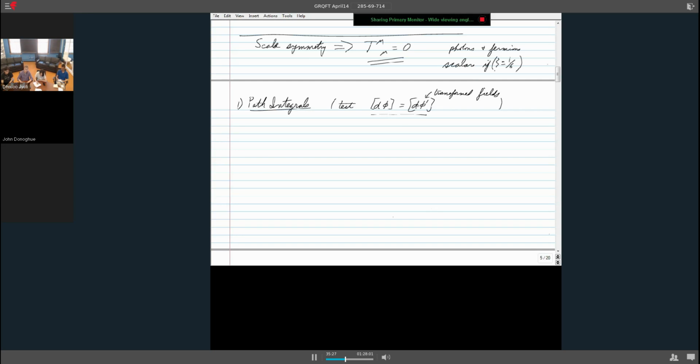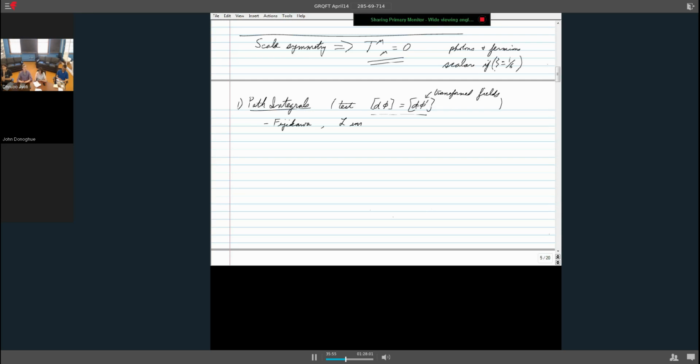I'm going to go through it for this case, but the test involved: does the integral over phi equal the integral over phi prime, where this is some transformed field?